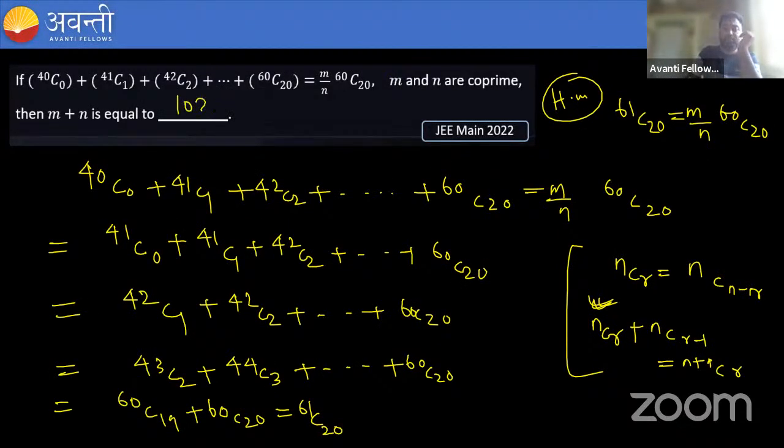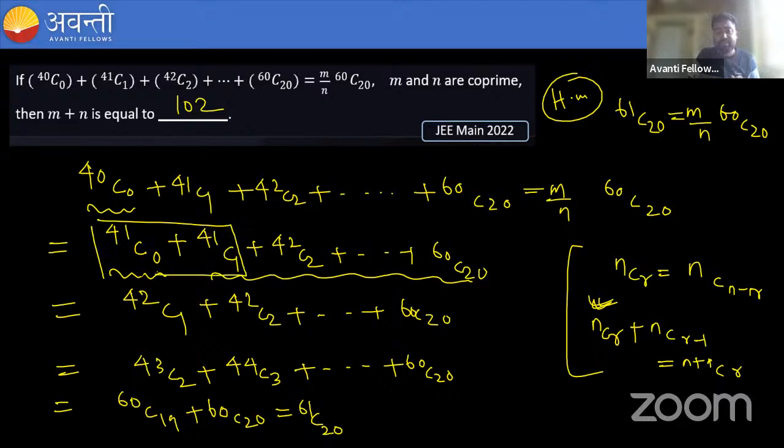That is 102. What we did actually, we used the formula we discussed previously. So that is 40C0 plus 41C1. 40C0 can be written as 41C0, yes or no? And the rest of the terms we have written as they are. Then 41C0 plus 41C1, the sum of these two terms by using this formula, we can write as 42C1.